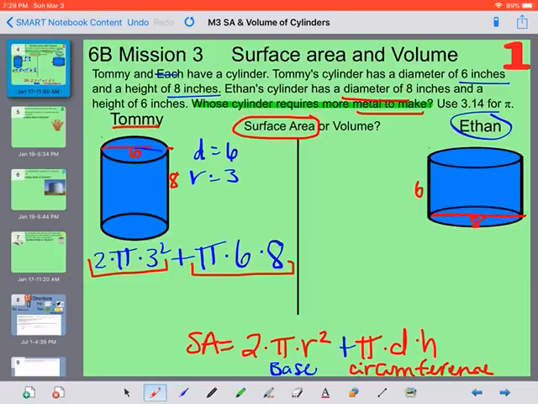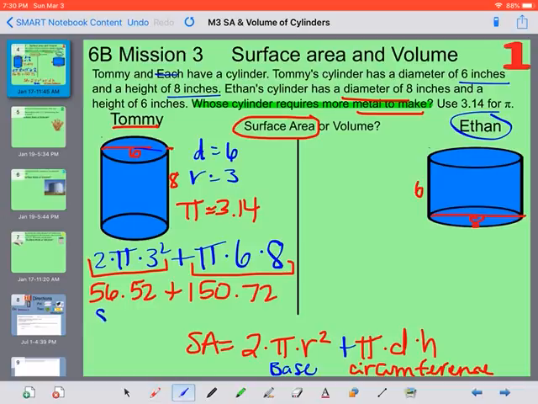So we're going to plug this in our calculator and then plug this in our calculator. First, I'm going to plug in 3 squared because I don't have a graphing calculator in front of me, or a smart calculator. It gives us 9 times 2 times pi, which is 3.14. So it gives us 56.52. I'm using for pi 3.14. Plus pi 3.14 times 6 times 8 gives me 150.72.